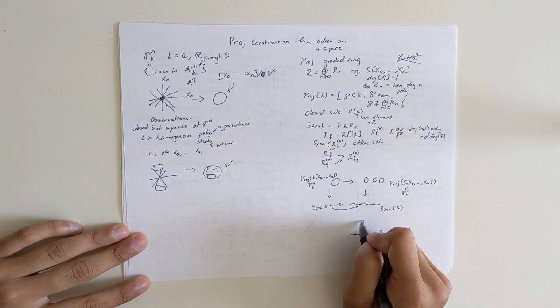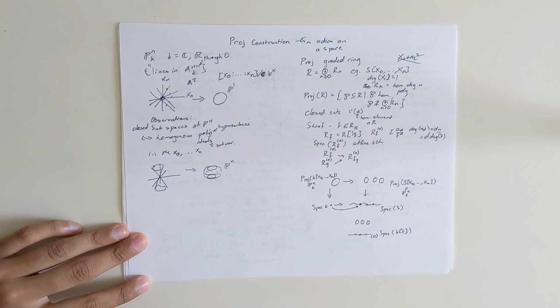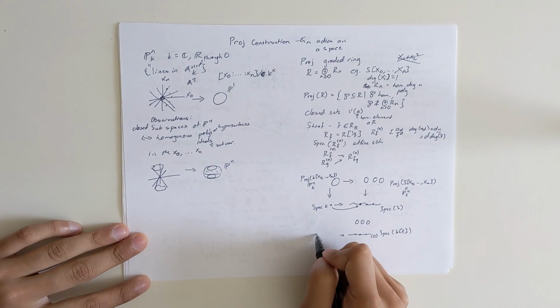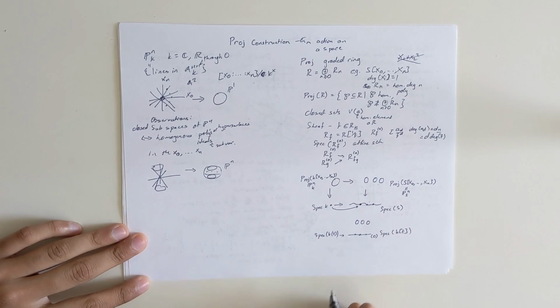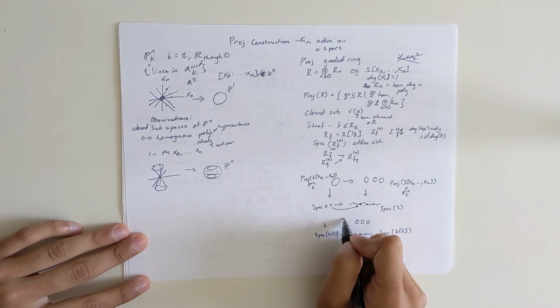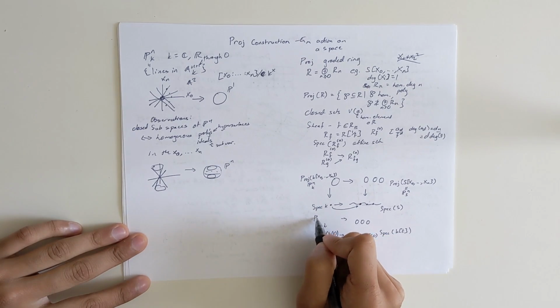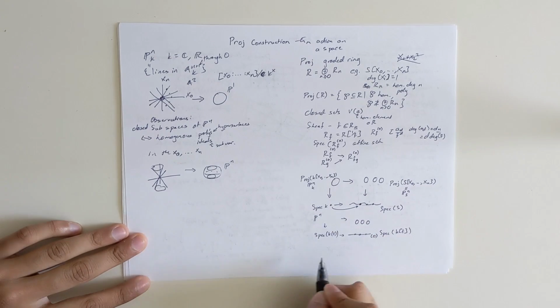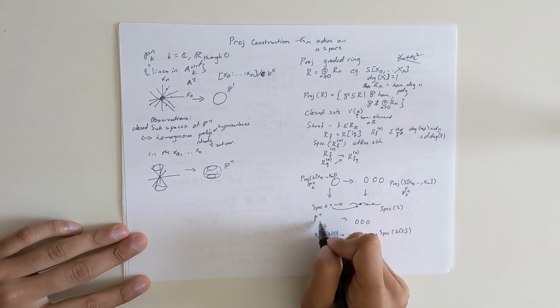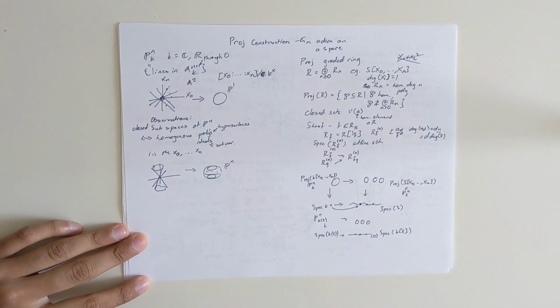And so if you look at the fibers of the closed points, then you'll get projective spaces over k. But then if you look at the generic point, which will be Spec of k(t), then what you get is the n space over k(t).